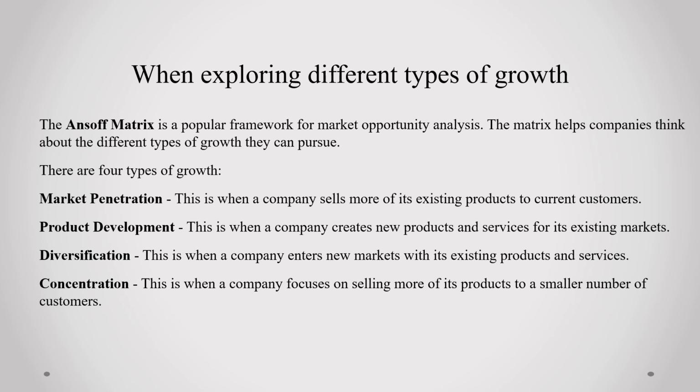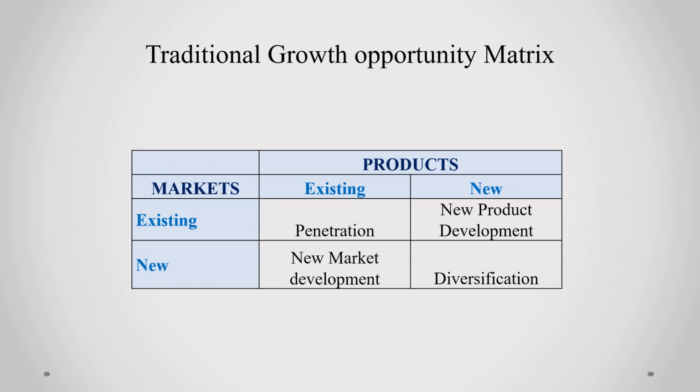Now, I've seen that, and while I think that this is okay, I prefer to use what's called a traditional growth opportunity matrix when we look at potential new sources of revenue. And so I look at existing markets, that is, existing customers with existing products, and doing a better job of marketing and meeting their wants and needs. Those are all called penetration strategies.